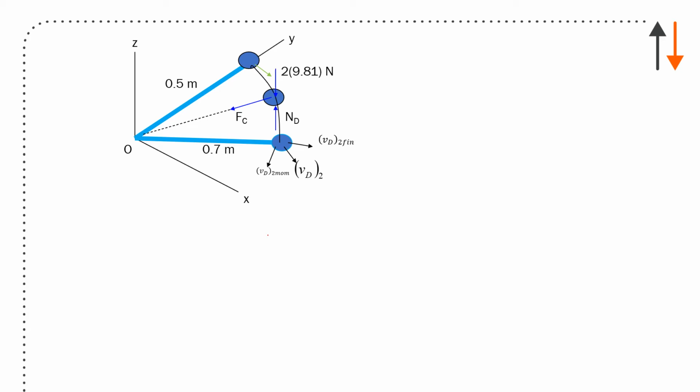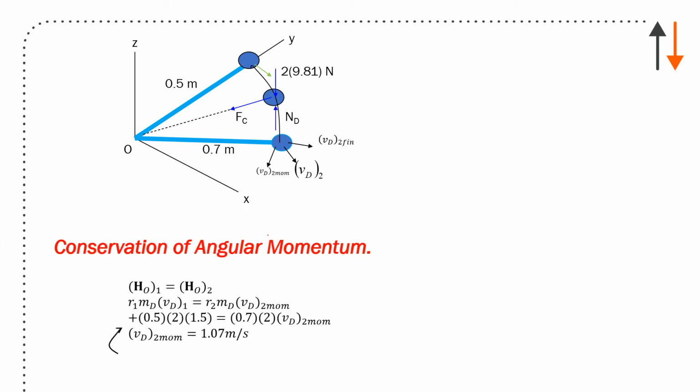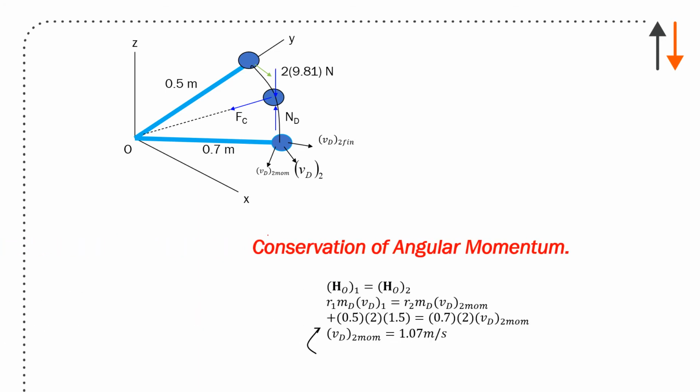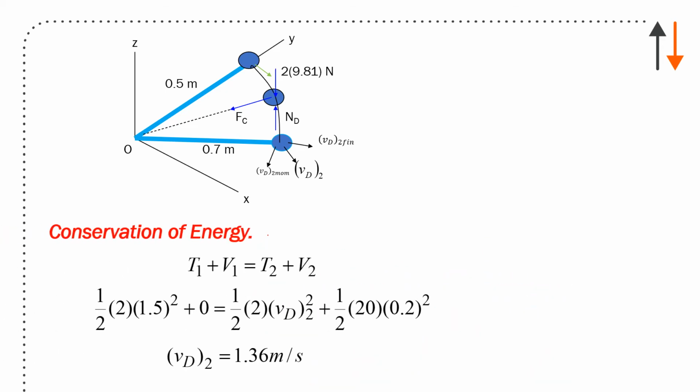I'm going to have one velocity I'll calculate directly from the momentum and one that's coming out of energy. So from conservation of angular momentum, I have r1 m_d v_d1 equals r2 m_d v_d2. Substitute in the numbers, and I get the final velocity of the disc at 1.07 meters per second.